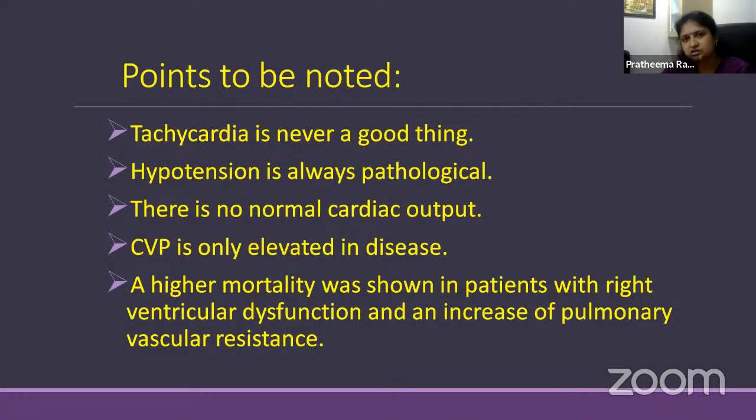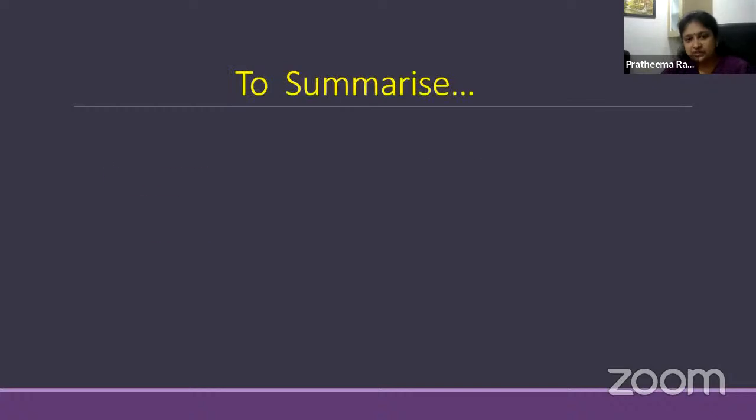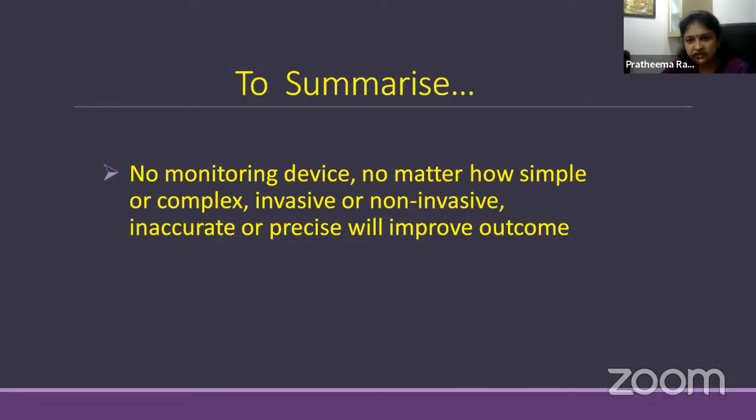We are always somehow fixed on the left ventricle function only, but we need to have a very good idea, and we must also know that right ventricular dysfunction mortality is higher than the left ventricle. So we have to have more devices looking at the right ventricle also. So to summarize, no monitoring device, whether simple or complex, invasive or non-invasive, is going to be very accurate or precise.